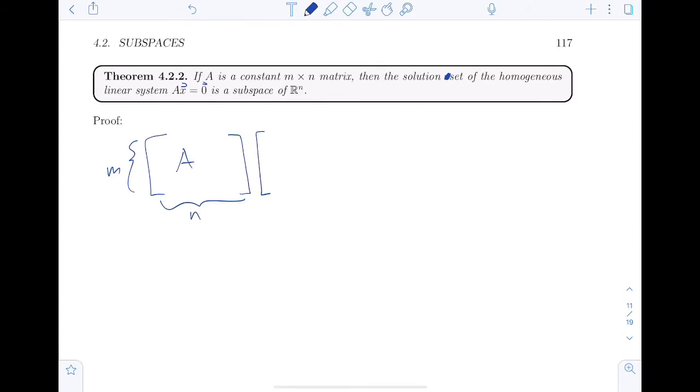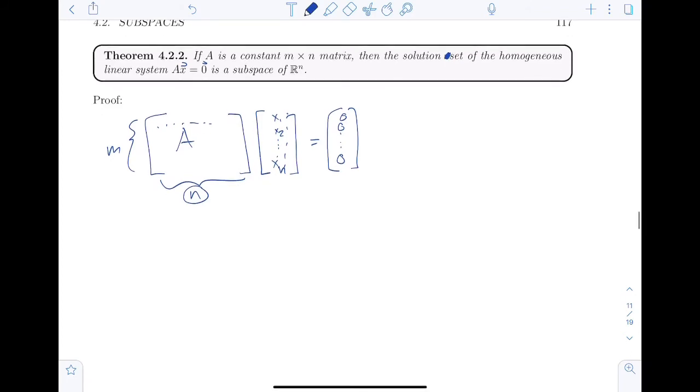And this vector x here is x1, x2, through xn, because remember we're dotting this row with this column here, and that equals the 0 vector. Now, I want to show that things that satisfy this property are a subspace of Rn. So that was my explanation for why the size is Rn.